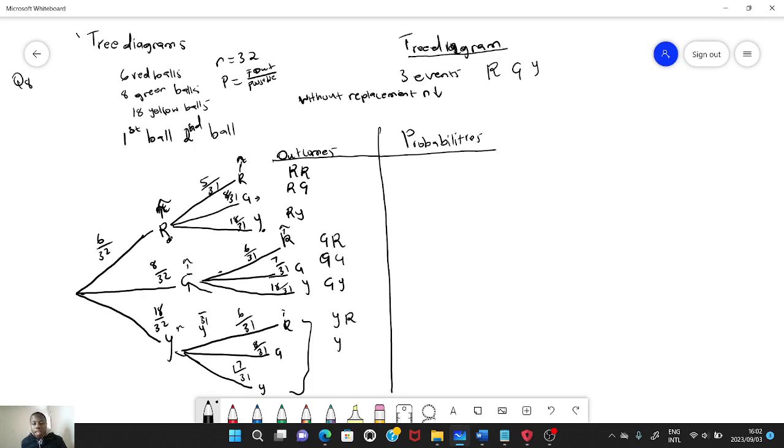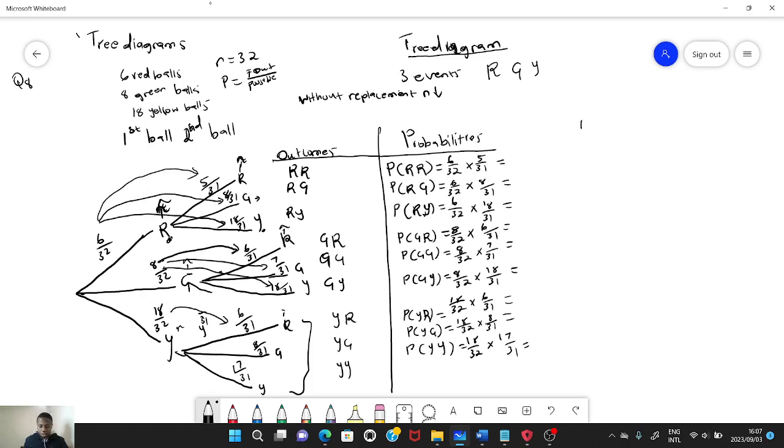So what do I do? Let's determine the probabilities. Let's start with the first expression. So we are going to say 6 over 32 multiplied by 5 over 31.